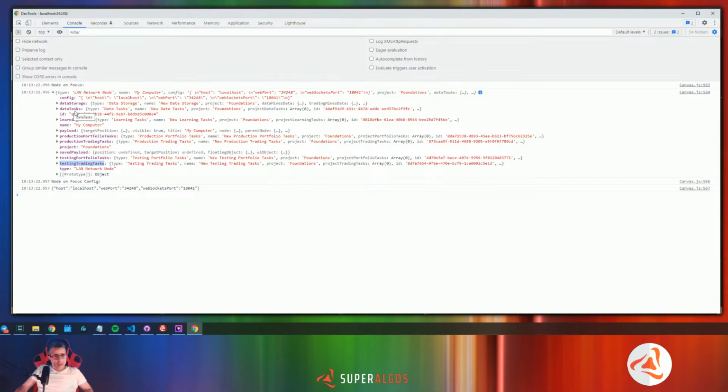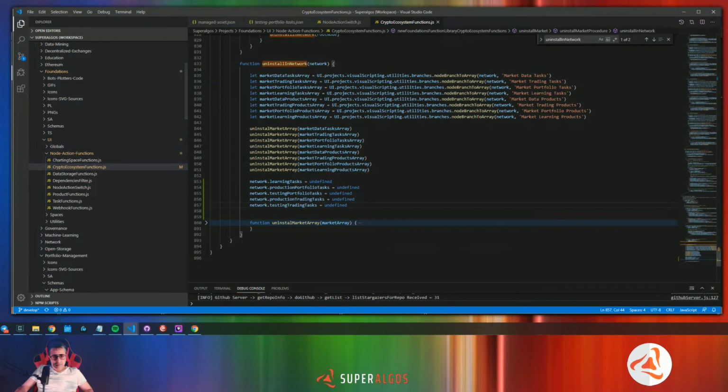Data tasks. So I really don't understand what exactly this is doing, because market data tasks is not the next thing.